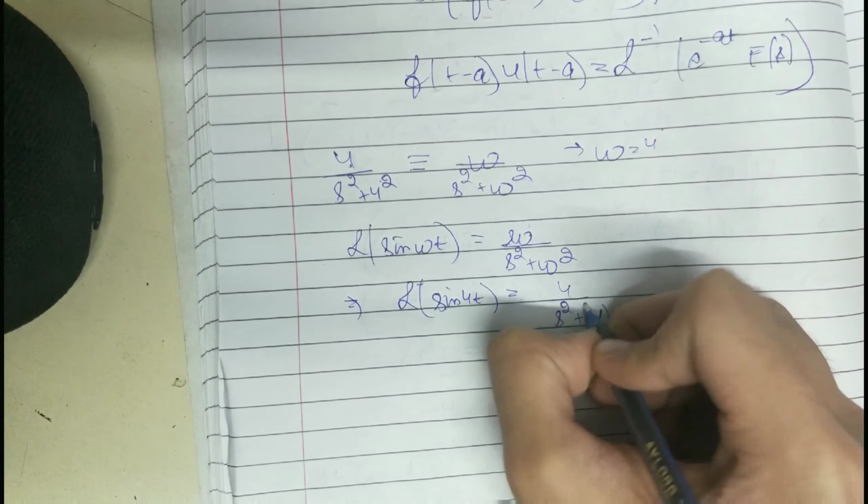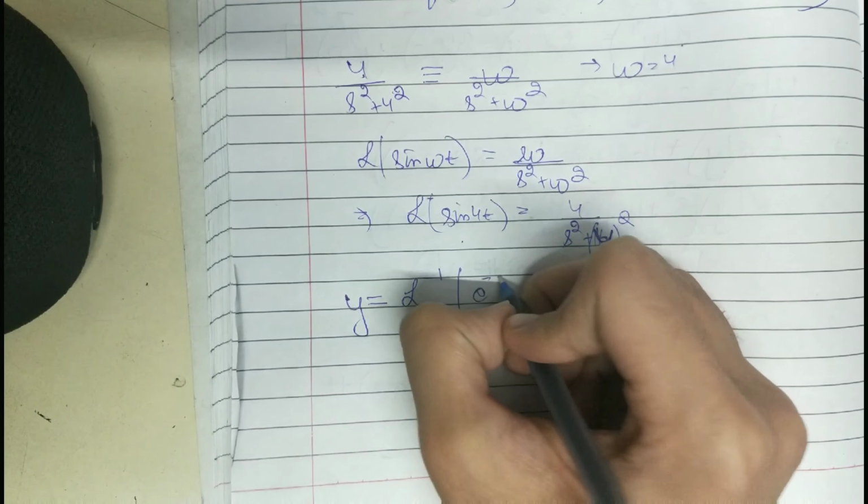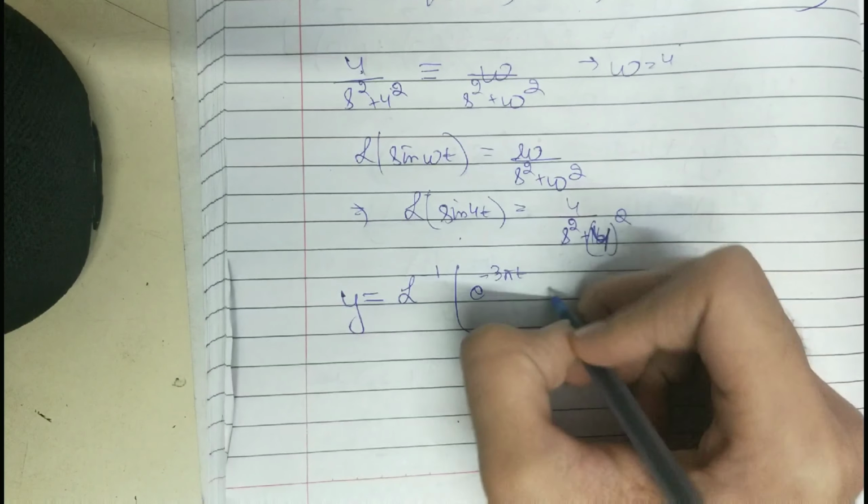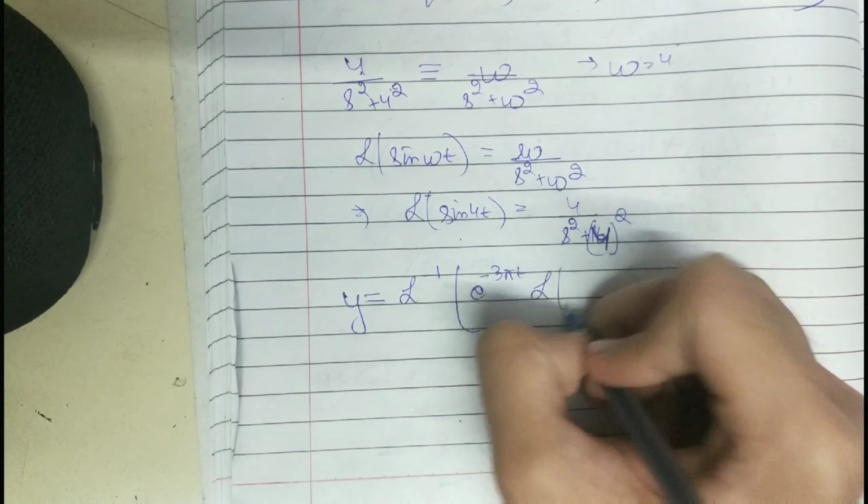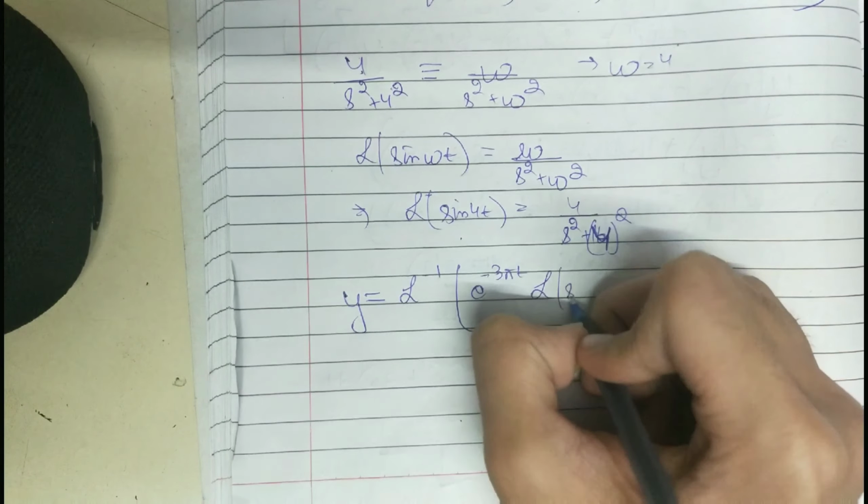So now since we have got this, using this second shift theorem, we get that y can be written as Laplacian inverse of e raised power minus 3 pi s times Laplacian of sine 4t.